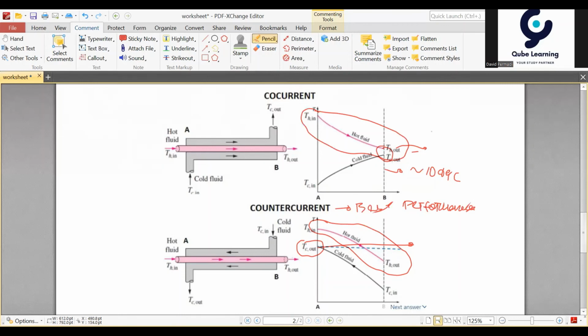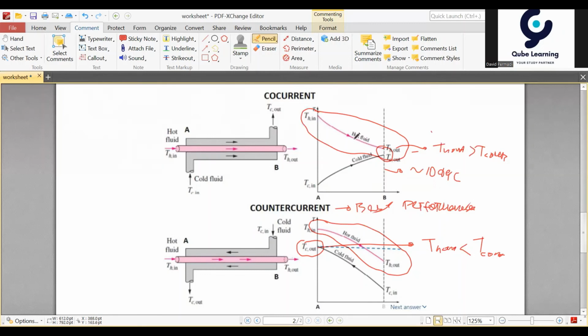In this one, the TH out is still higher than the TC out, and for the counter-current, the TH out is lower than the TC out. So this is the hot fluid and cold fluid.